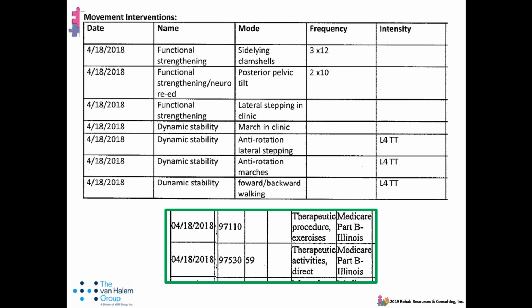Marching can be a strengthening exercise or a gait training exercise. There needs to be more explanation, such as context, the amount of cueing given, and what the goal of the activity is. So differentiating between therapeutic exercise and therapeutic activities and trying to provide more context there is important.